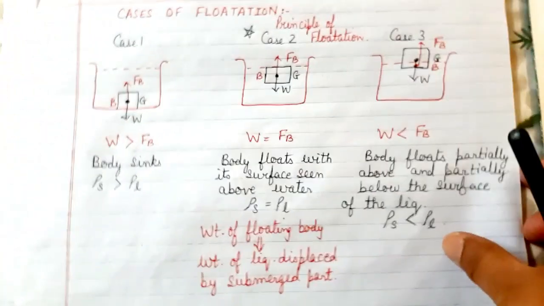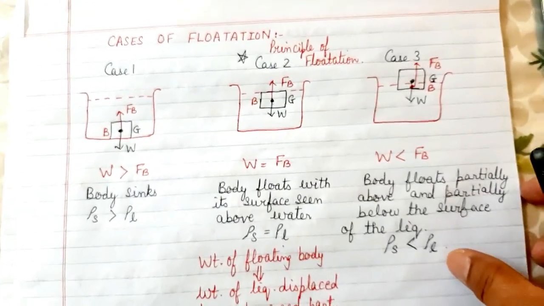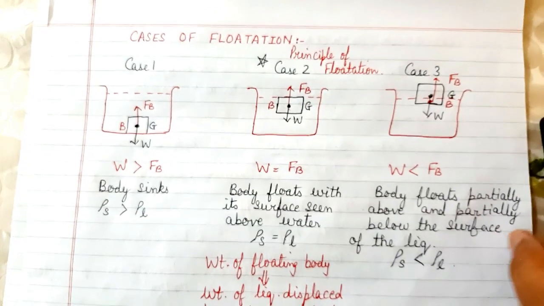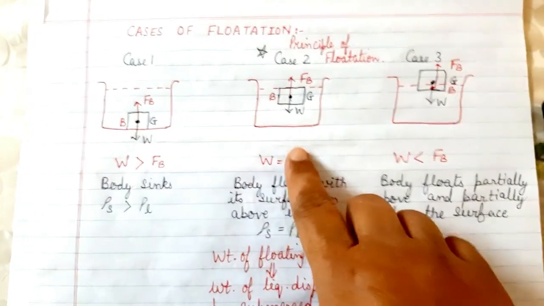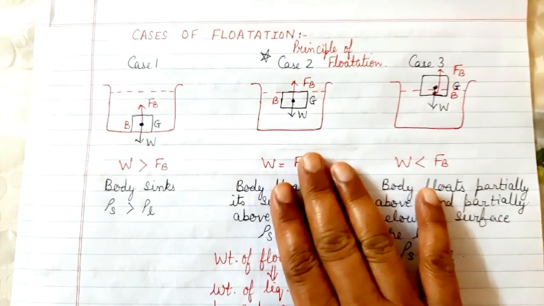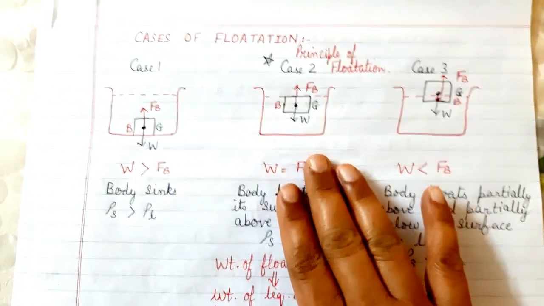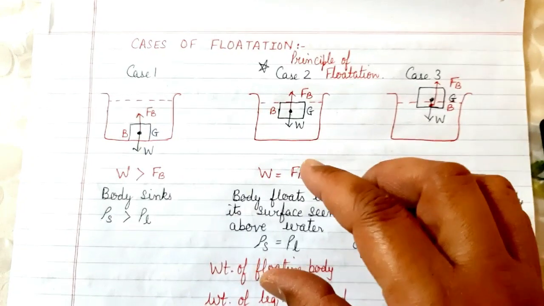Now, after this, I come to a very interesting topic, and that is cases of flotation. I have drawn the diagrams. There are 3 cases for flotation, but along with this, I'm going to demonstrate a small activity to you. You can see here, children, what I have done.